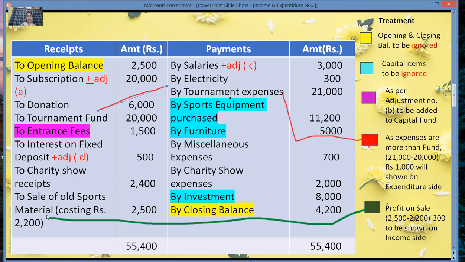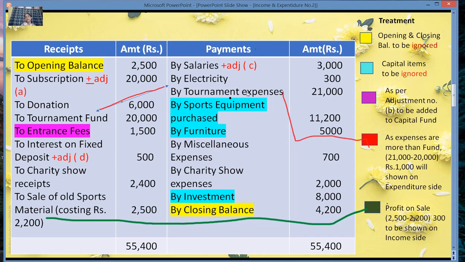Then the sale of sports material: the sale value is not shown, but the profit is considered, or a loss, had there been one. The sale was 2,500 whereas the cost after depreciation was 2,200, so there has been a profit. Profit on sale is 2,500 minus 2,200, that is 300, which is shown on your income side.